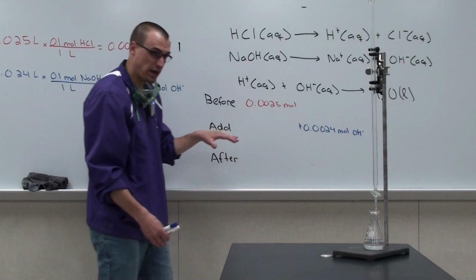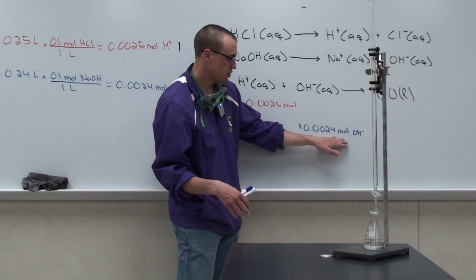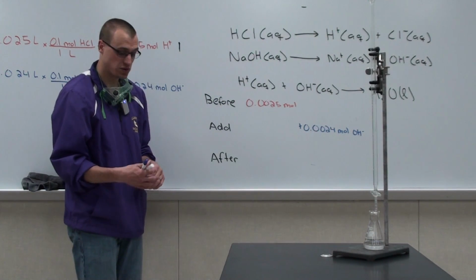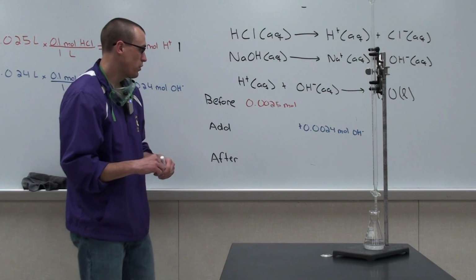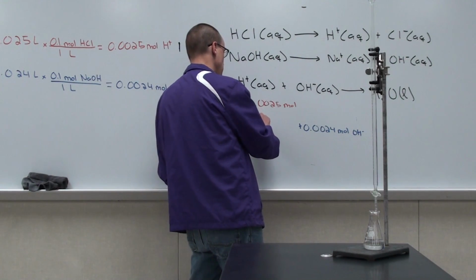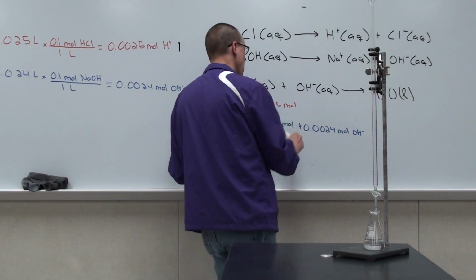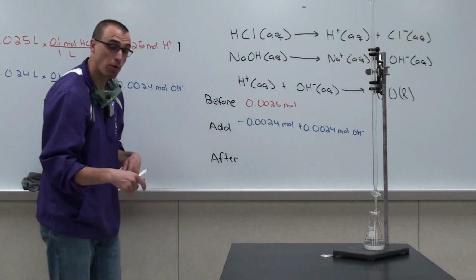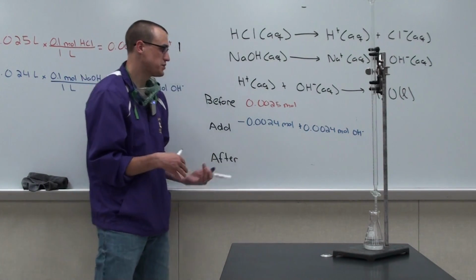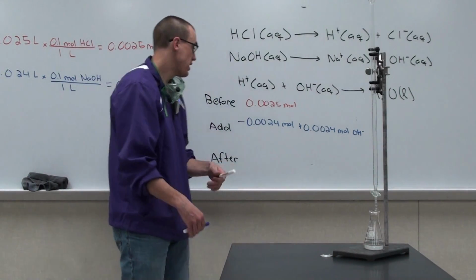And to find our pH, what we need to do is subtract out how many moles of OH minus have reacted with our moles of H plus. So I'm going to just subtract the number of moles of OH minus from our H plus, and we're going to find out how many moles of H plus are still in our solution right now.